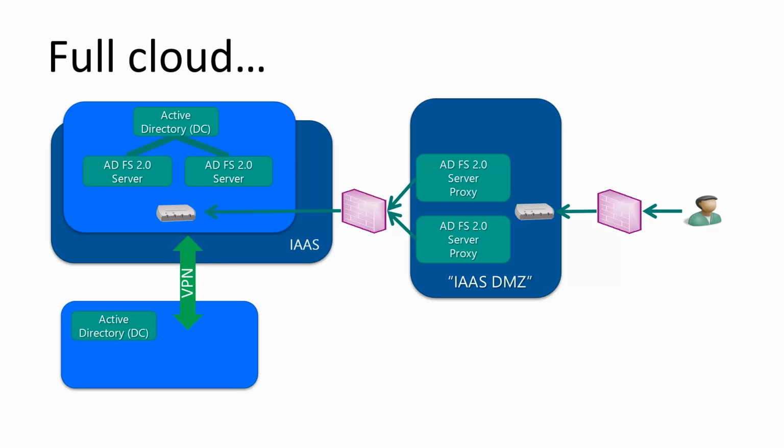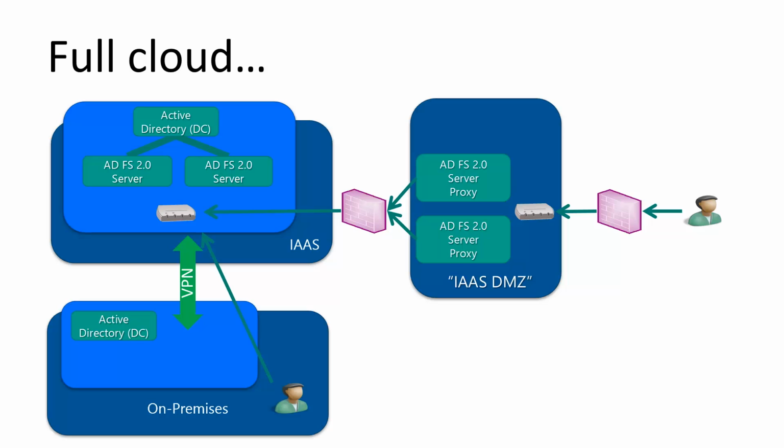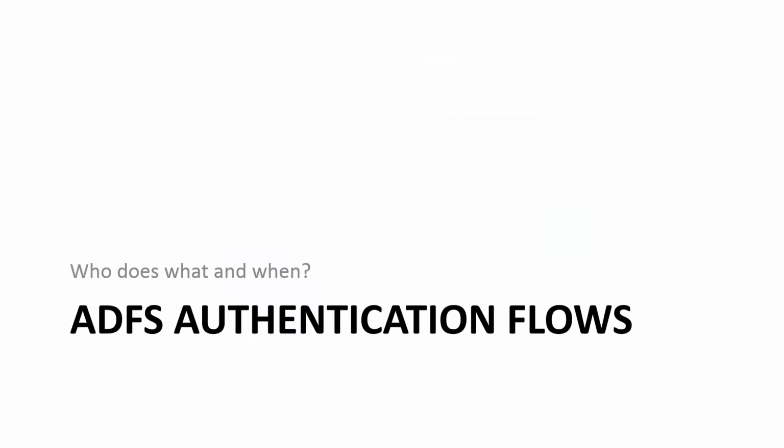So either you go through the VPN or you go through the internet for your internal users. That's entirely up to you. As I said earlier, the infrastructure as a service provider could very well be Windows Azure, and it even seems like a very good alternative to having it deployed on premises. So these are the different topologies.